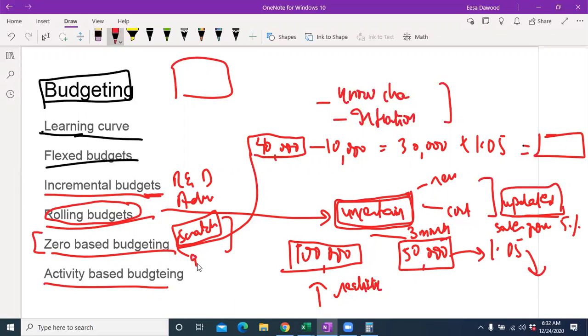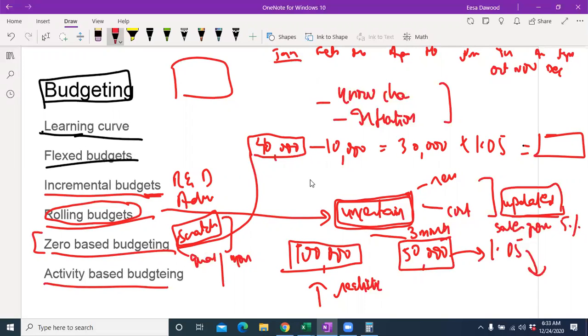So whether you're doing it on a quarterly basis or monthly basis, every time you will have a budget for the entire one period, like Jan, Feb, March, April, May, June, July, August, September, October, November, December. For example, the actual for January came.